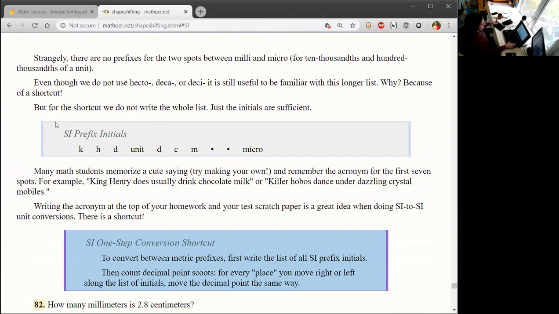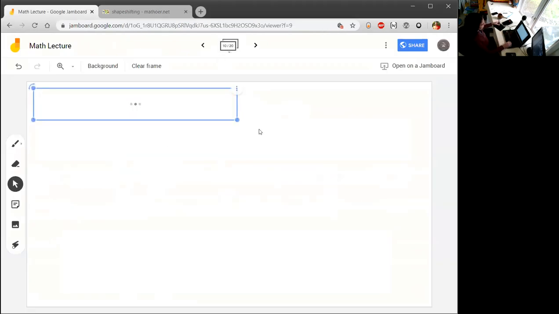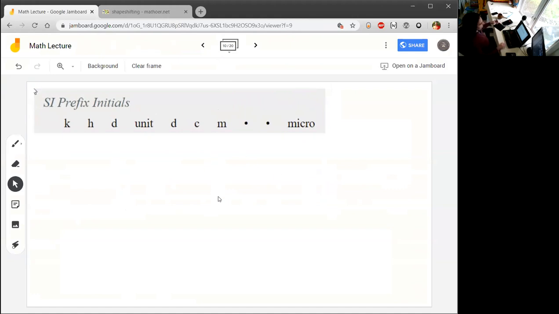We want to memorize just the initials. And this really is something that is memorizing. Even with open notes, you're going to save a lot of time if you can just write on your paper K, H, D, U, D, C, M, micro. You'll see me do this a lot during class.